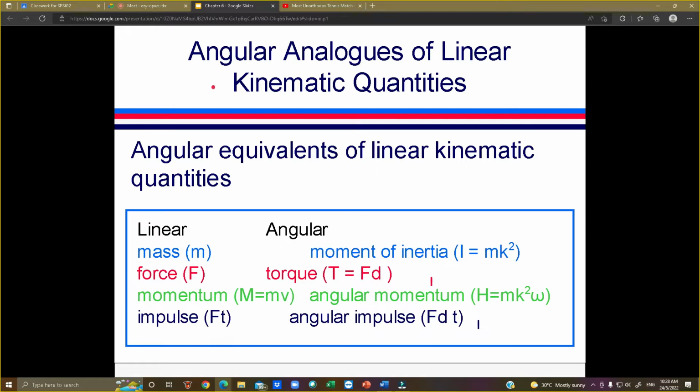Okay. So before we go further, these are the equivalent between all those linear quantities with what we call it angular quantities. Contoh macam mass. Kita ada mass dekat dalam linear where we measure it in term of kg. So in angular, mass is going to be known as moment of inertia.